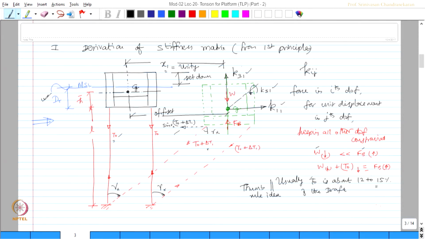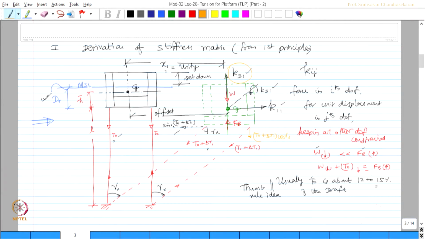So, you see K31 will be one component in the heave direction, and the vertical component of this will be T0 plus delta T1 of cos gamma x. Okay.